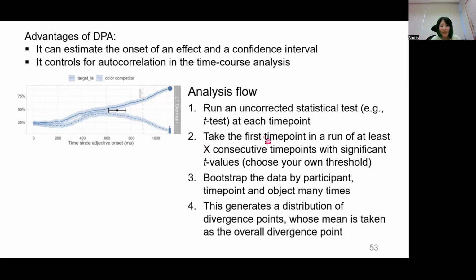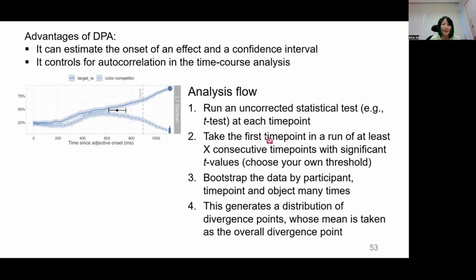If I choose 10, I run the t-test many times here, and if I start finding a difference between these two lines and it keeps showing significant effects for 10 consecutive time bins, then I take the first point of the bin and keep that for the second step.